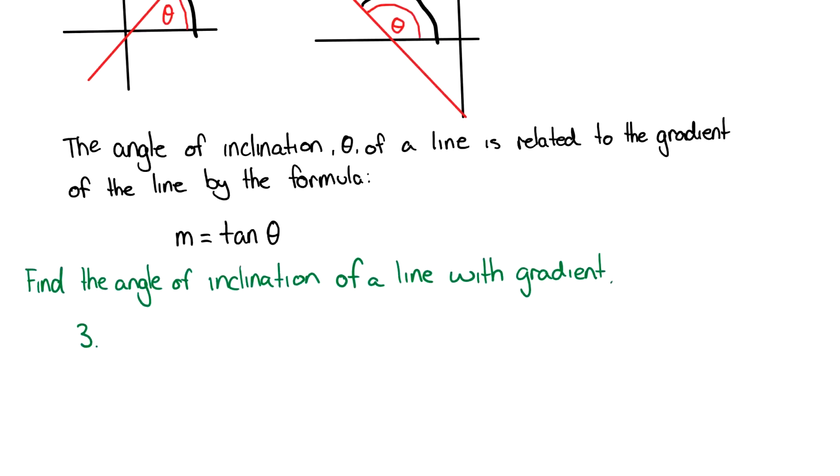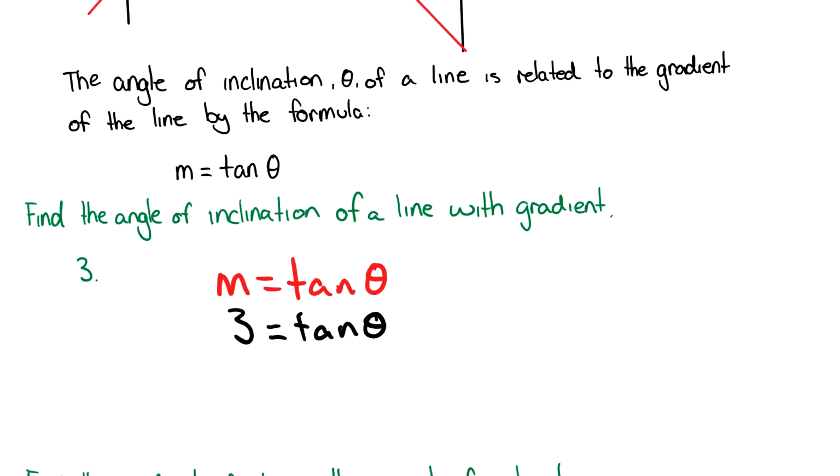The first question is, find the angle of inclination of a line with gradient 3. So if I write down my formula, m equals tan theta, I know my m is 3, so 3 equals tan theta. Then we need to remove our tan, and we use what we call inverse tan, so tan -1, 3 equals theta.